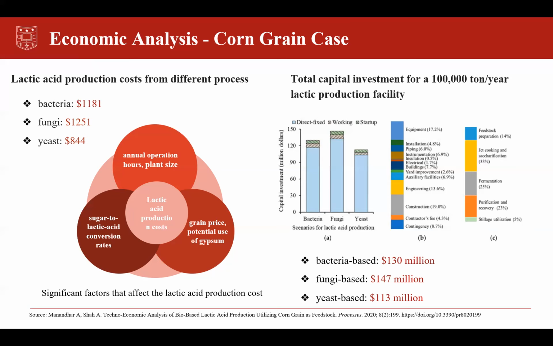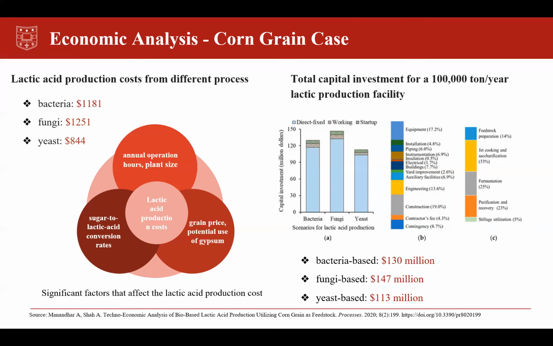In addition, for bacteria and fungi-based pathways, the cost for lime and sulfuric acid used during the fermentation and lactic acid recovery process contributed to the raw material cost too.